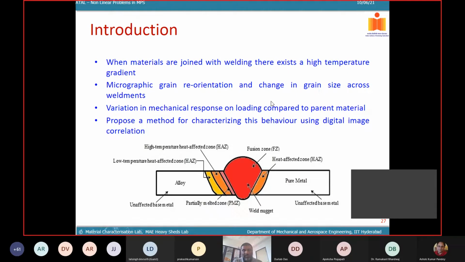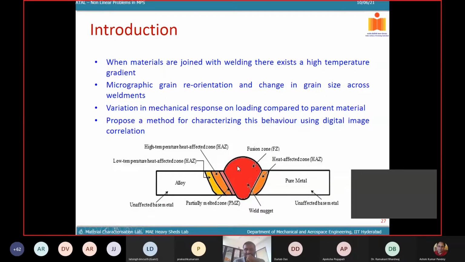If you look at a typical weld region, you have a parent metal, then you have a transition zone, or we call it a low temperature heat affected zone. Then you have a high temperature heat affected zone, and then a partially melted zone, and the center would be the fusion zone.